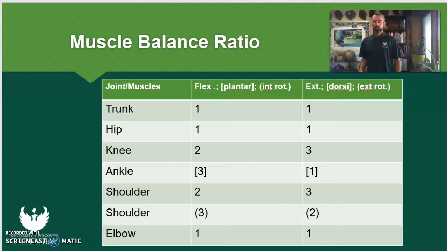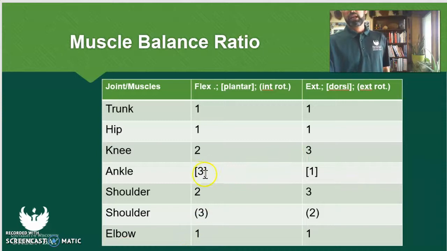If I look at knee flexion, that's about 2/3 of what my knee extension can be. You should be able to recall what knee flexion and extension are, but basically if I can do 100 pounds on my quad leg extension, my hamstrings should be able to generate about 66 pounds for knee flexion.